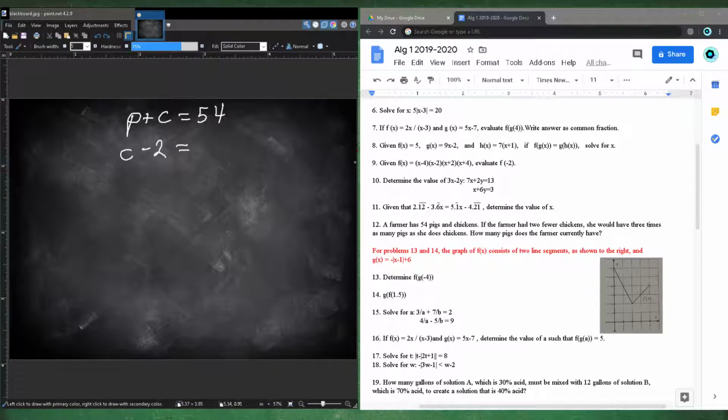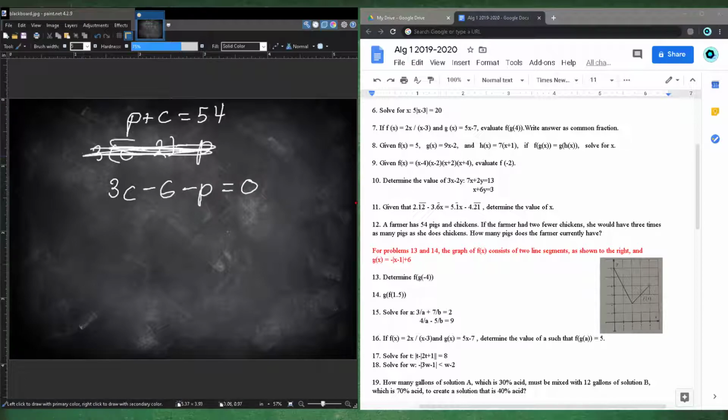She would have 3 times as many pigs as she does chickens. So to get the chickens equal to the pigs, you have to multiply the chickens by 3. Sorry about that. So that's 3c minus 6. Move the p to the other side, so minus p equals 0.